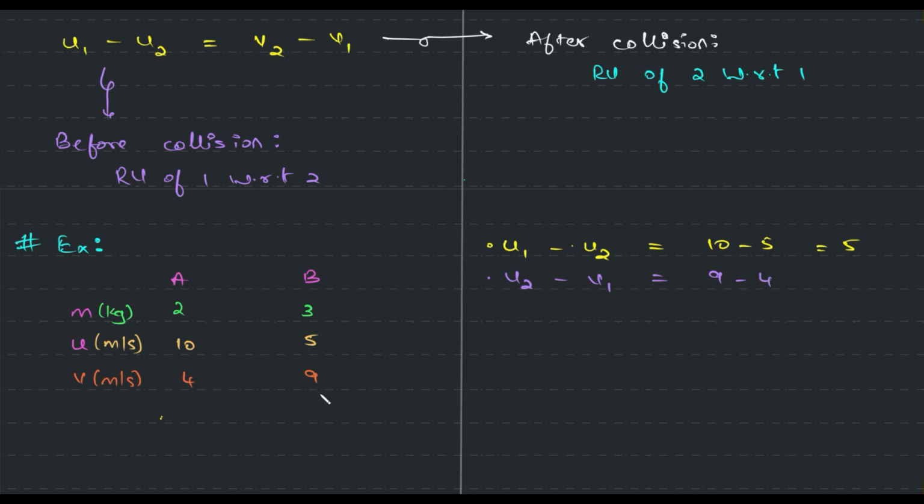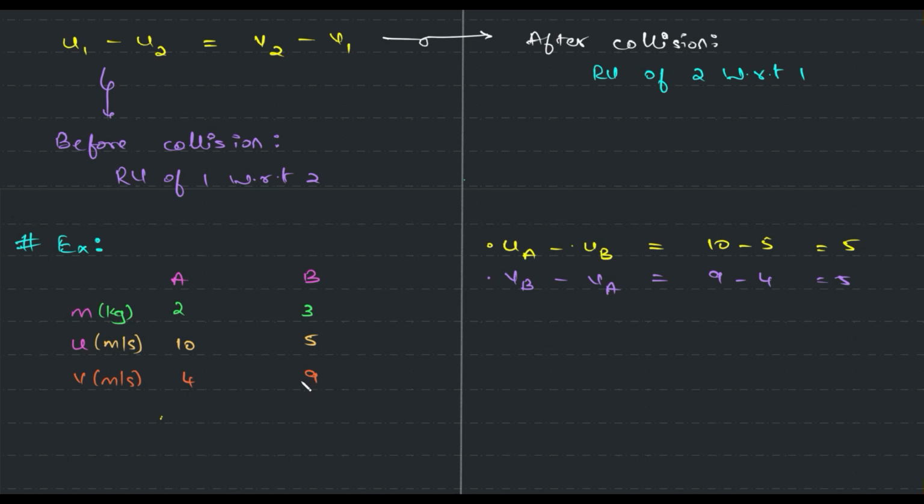In our case we took it as A and B actually, so let me do that itself. vb minus va, vb is 9 minus 4, this is 5. And here ua minus ub is 5. Can you see that numerically they will be equal? Of course, I didn't show you the calculation, but you can do it. You can figure out the velocities after collision using your momentum and so on. There are many ways of calculating, but you will be able to calculate these values.